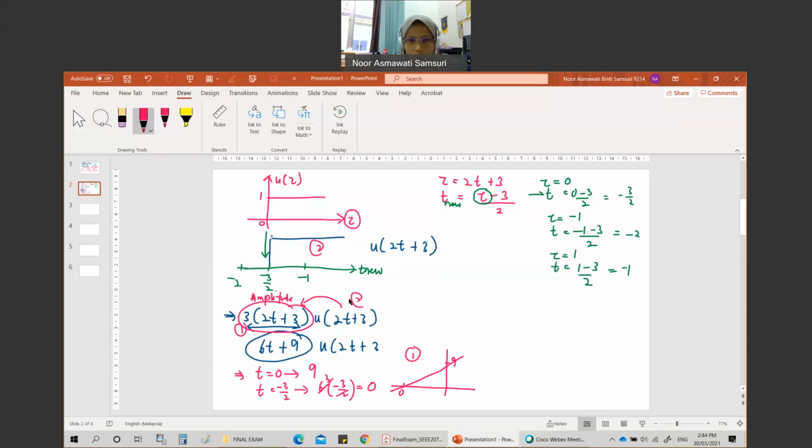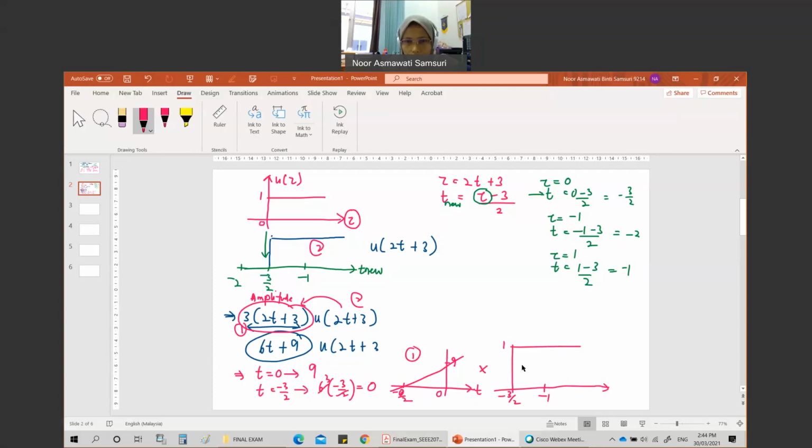Then you just need to multiply them up. Right, so you have this signal multiply with this. Negative 3 over 2. So here is t equal to 0. Okay, so the signal magnitude is 1 from negative 3 over 2, negative 1 onwards.